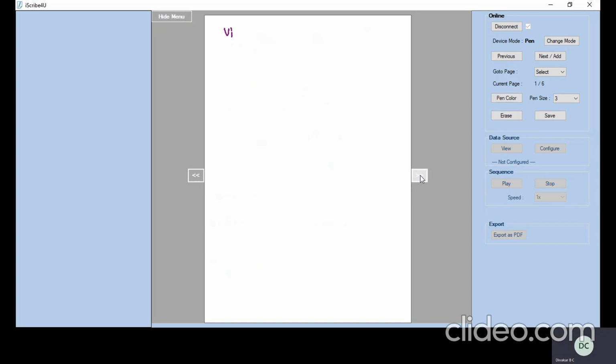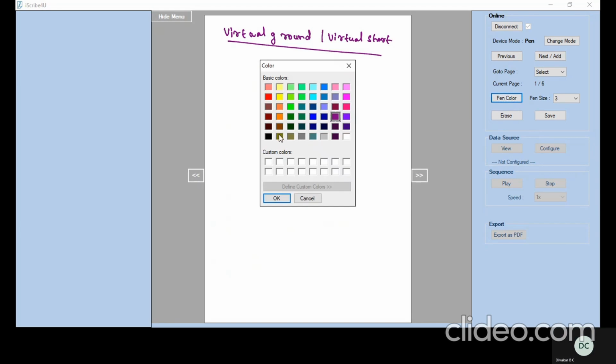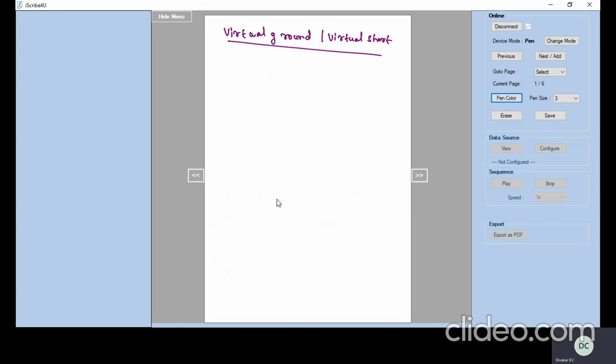Virtual ground concept. Virtual ground or virtual short. We know that ideally the voltage gain of an op-amp is infinity, AOL is infinity.